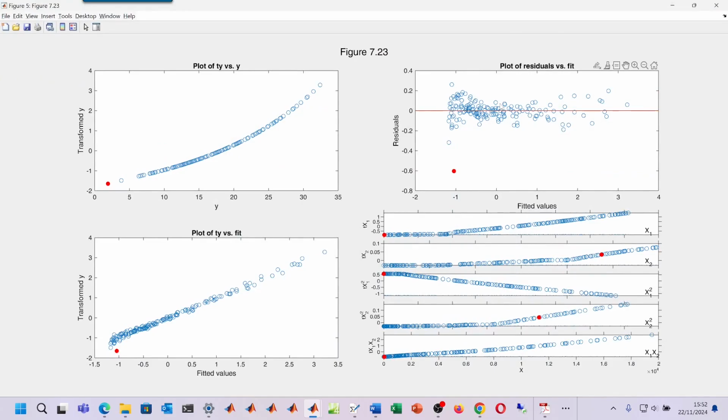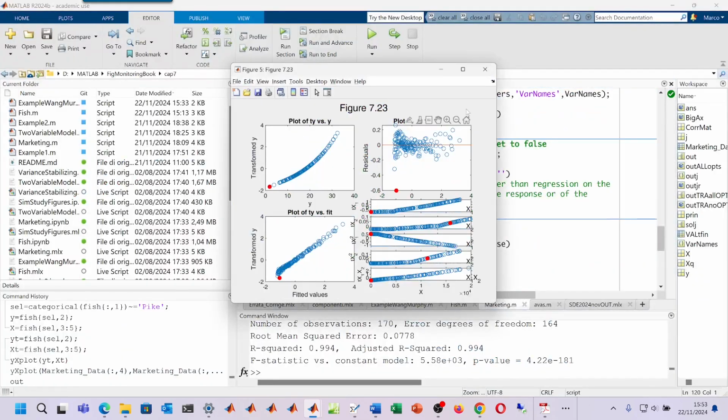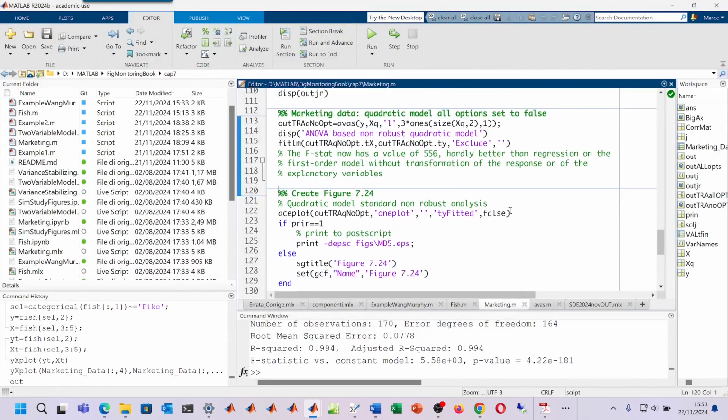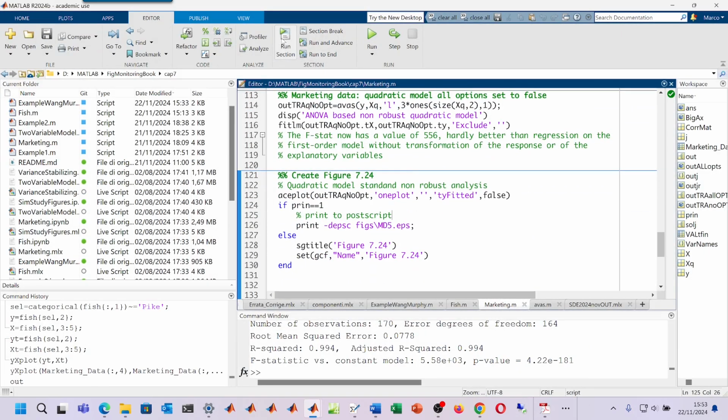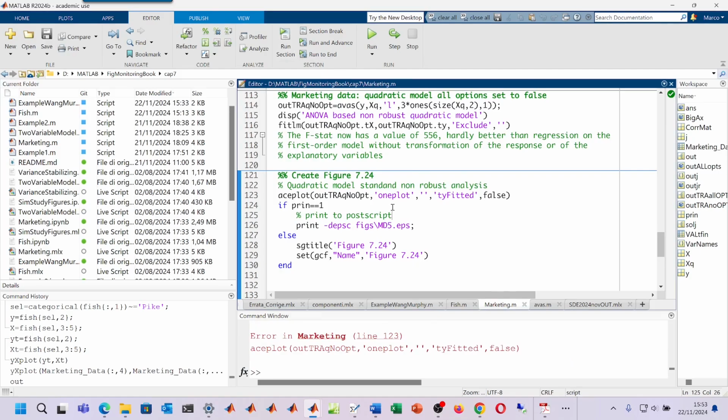Now, this is the output from the robust fit. This is figure 723. Here we find just one unit as outlying. So we would now like to compare this robust analysis using a quadratic model with the non-robust analysis.